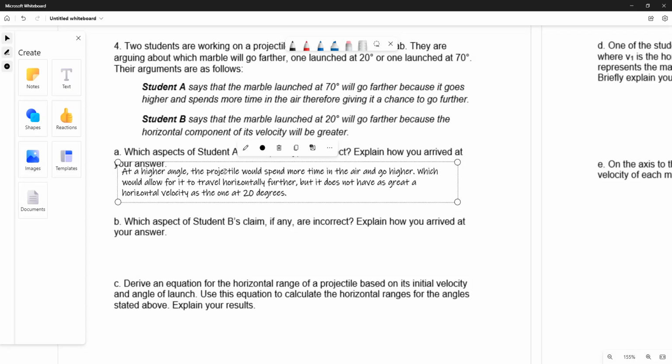Okay, it doesn't actually ask us to explain what's wrong with it, but it just doesn't feel right if I don't at least mention it.